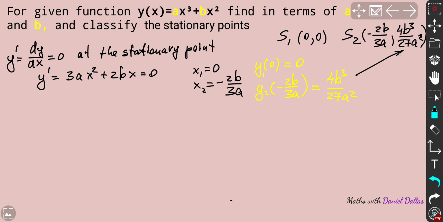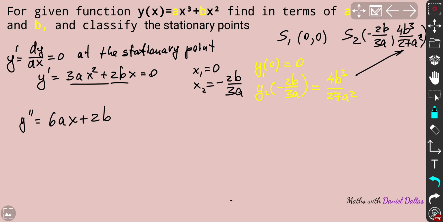Now we want to make sure that we can tell which is maximum and which is minimum. So we differentiate twice. y prime the second time means we differentiate this expression one more time. So we get 6ax plus 2b.